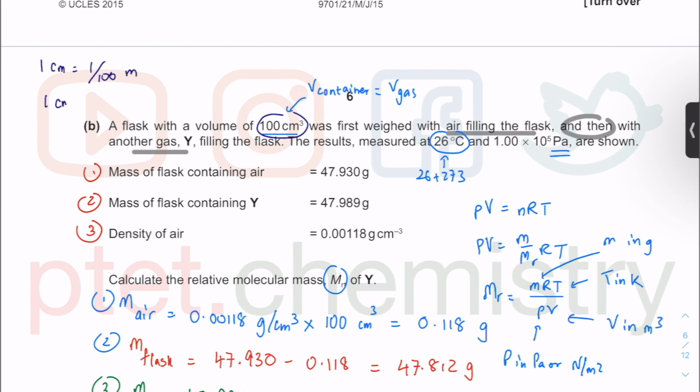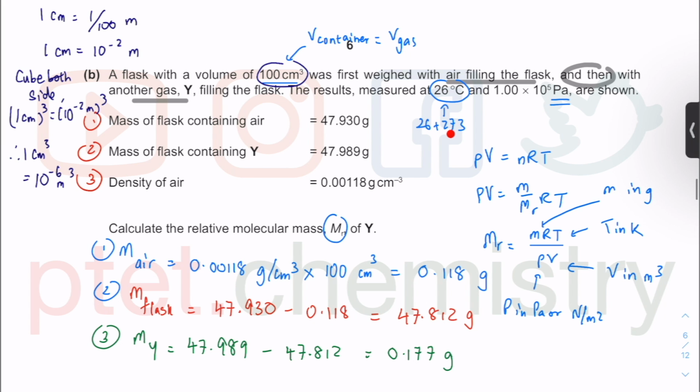So 1 cm is equal to 10 to the power minus 2 meter. And then I could cube both sides. So 1 cm cube is equal to 10 to the power minus 2 meter cube. So therefore, 1 cm cube is going to be equal to 10 to the power minus 6 meter cube. So whatever is in cm cube, I just multiply by 10 to the minus 6. I could convert that to meter cube very, very easily.